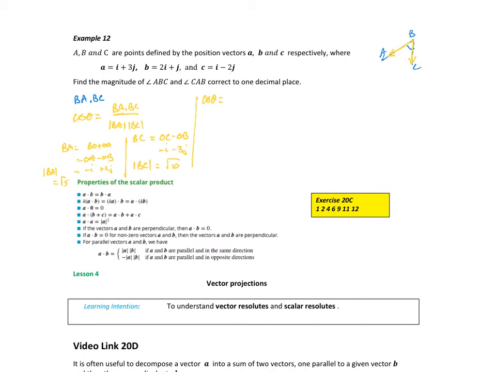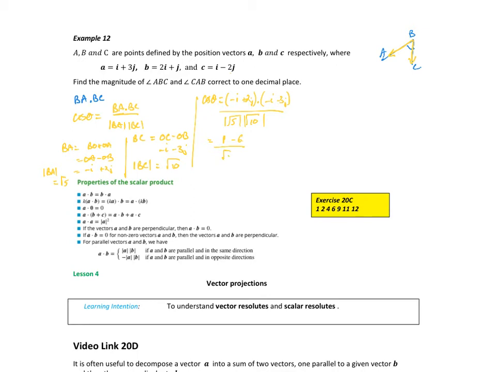So bring that together. Cos theta is equal to the dot product, so it's minus I plus 2j dot minus I minus 3j over the magnitudes root 5 by root 10. What's the top? Negative 1 times negative 1 is 1. 2 times negative 3 is minus 6.